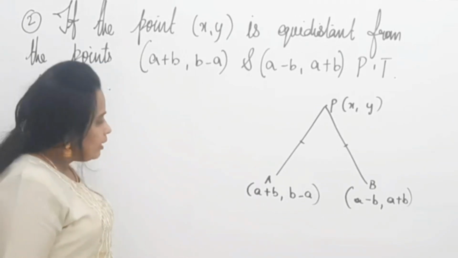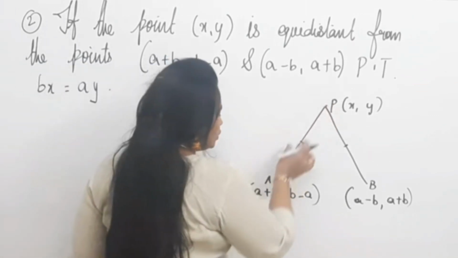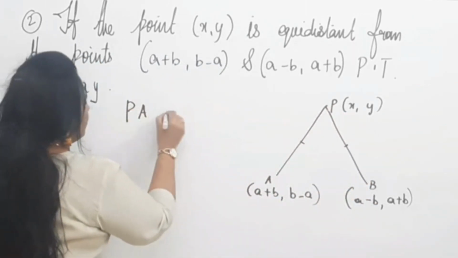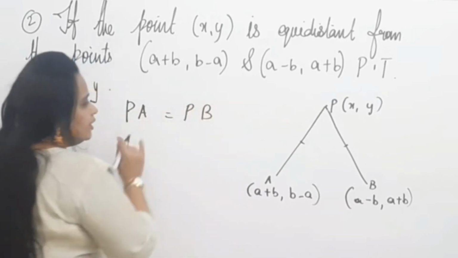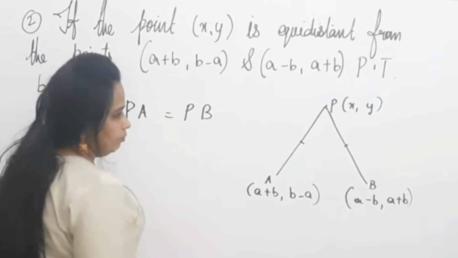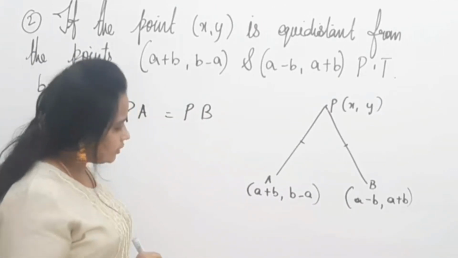Now, what am I going to write here is the first concept. I should write PA is equal to PB. Why? Because they are equidistant. Now, when they are equal, I'm going to do my equation. How do I write it?